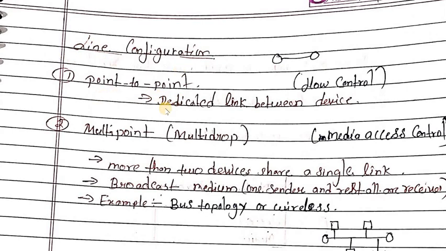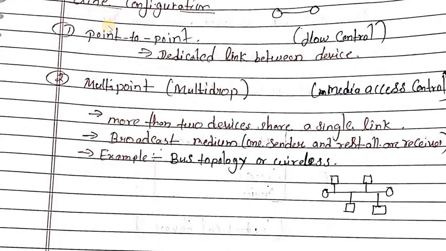A point-to-point connection means there is a dedicated link between devices. There are two devices, host 1 and host 2, connected with one single channel, which is a wire or link. For point-to-point communication, we have learned flow control.